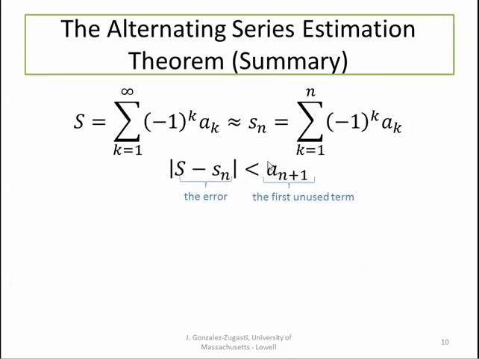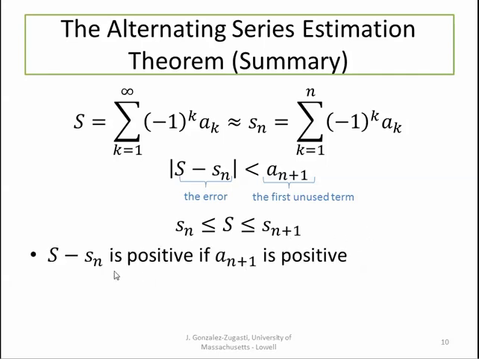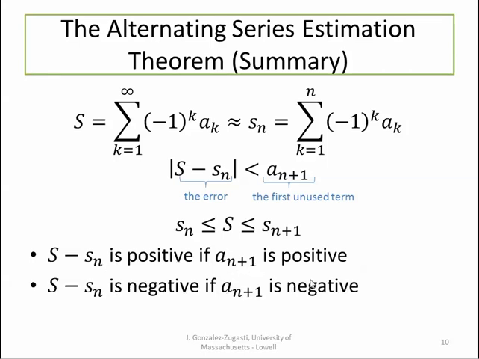This is your first unused term. And furthermore, it told us that the sum s is going to be between our nth term and our n plus first term, and that this difference, s minus s sub n, is going to be positive if our n plus first term is positive, and it will be negative if our n plus first term is negative.